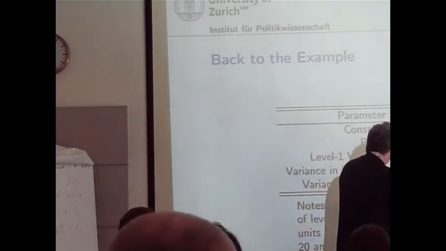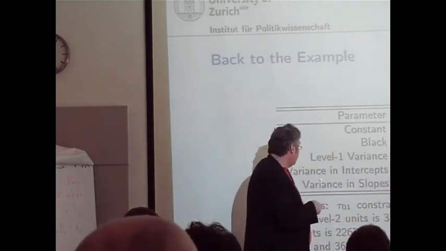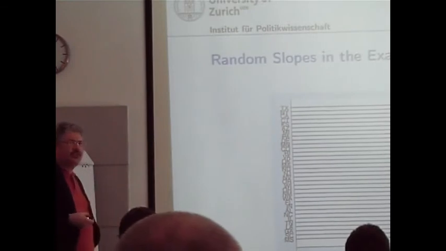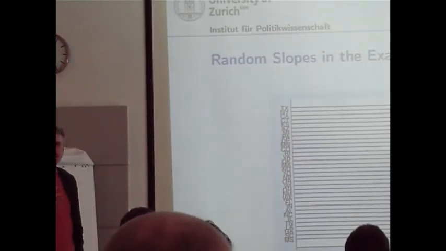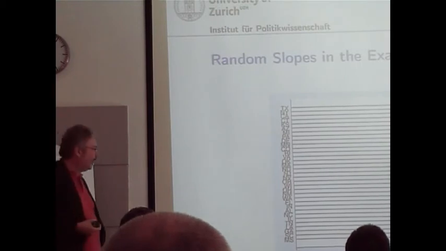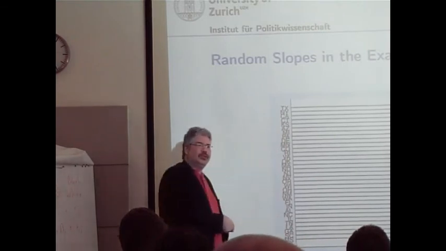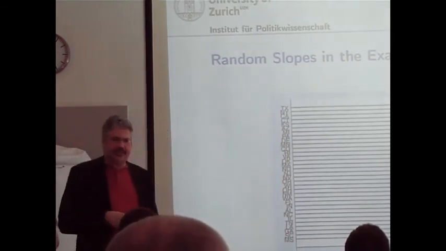Pretty large variance in intercepts, pretty large variance in slopes as well. And then I was, of course, interested in the next question: okay, well, what do these slopes look like for race? And here I have the estimates of the beta 1j's.